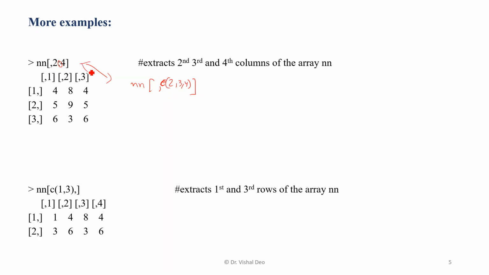These two statements are the same. What it does is, blank means all rows, and for which columns? Column number 2, column number 3 and column number 4. So it will return the values in columns 2, 3 and 4. So we can see that.